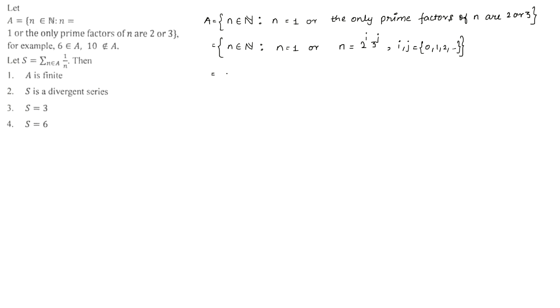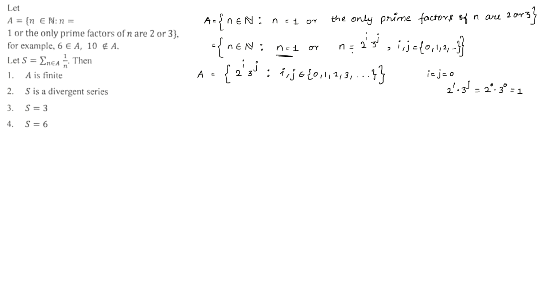So basically we can say that A is the set of all numbers of the form 2 raised to i into 3 raised to j such that i and j belong to the set 0, 1, 2, 3, and so on. The reason is, if we take i equal to j equal to 0, then 2 raised to 0 into 3 raised to 0 is 1, so n equal to 1 is already included.